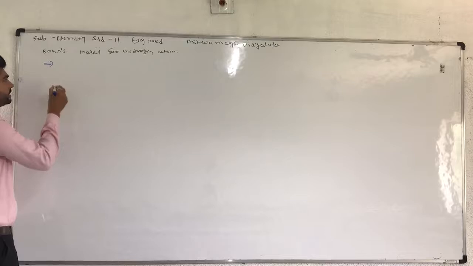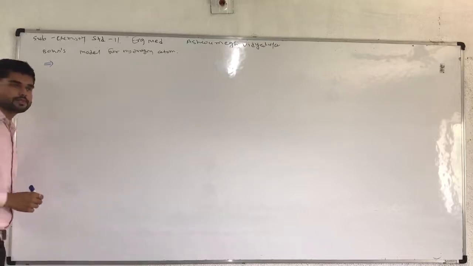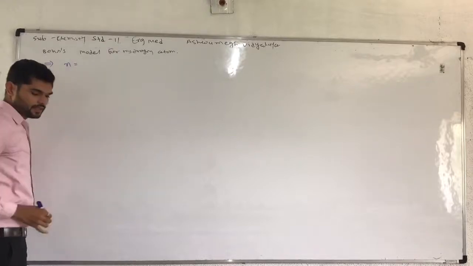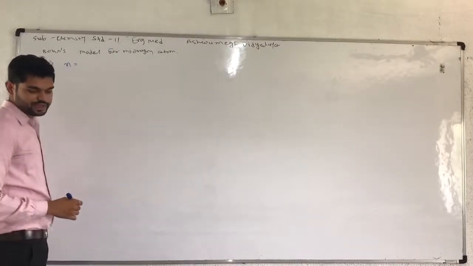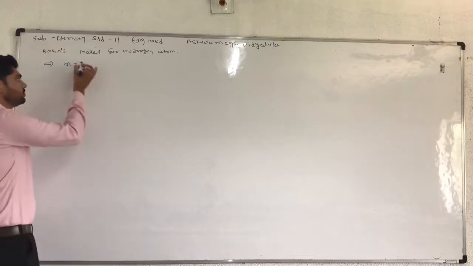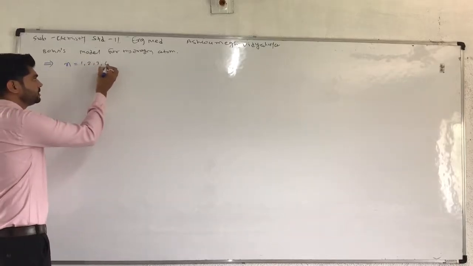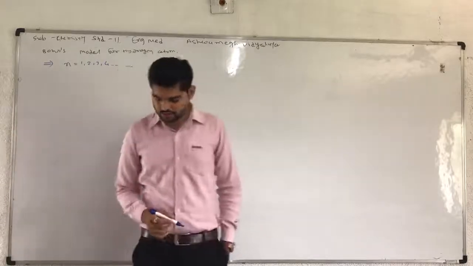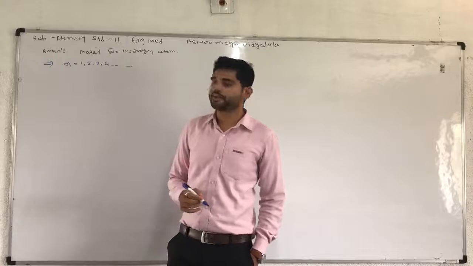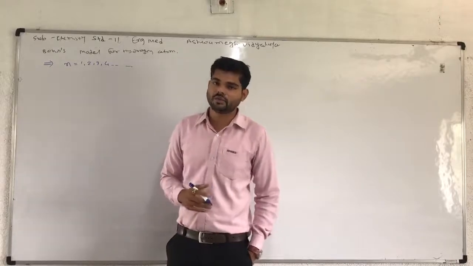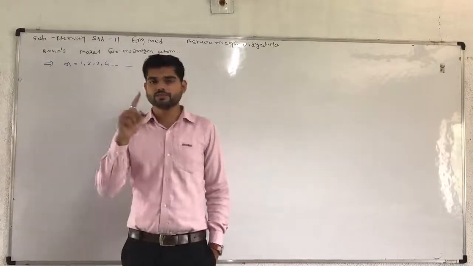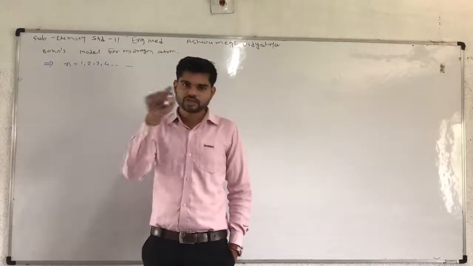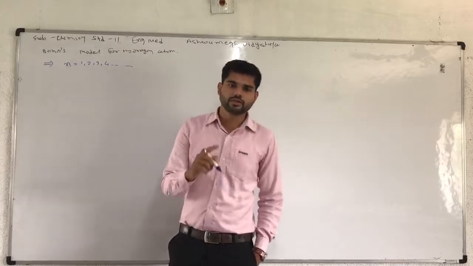First, the quantum numbers. It means suppose the value of n is taken as 1, 2, 3, 4, up to nth, then electrons are present in stable orbits. Stable orbit means that for the first orbit, the electron only moves in a circular motion in the first orbit.